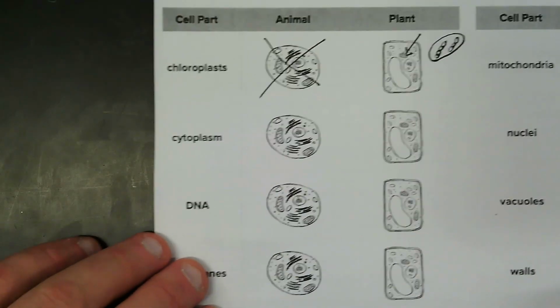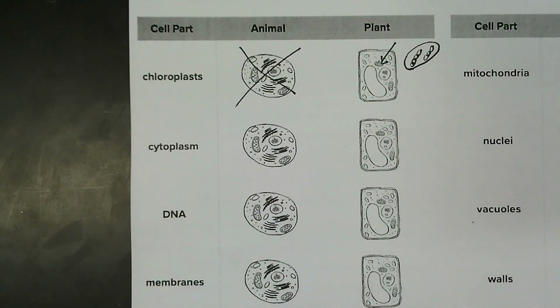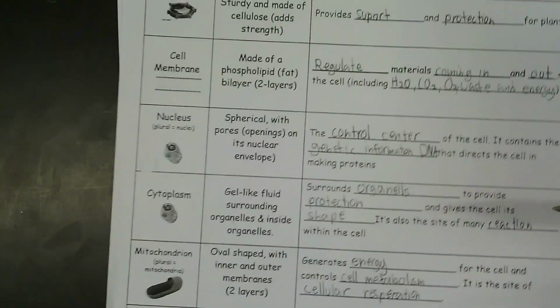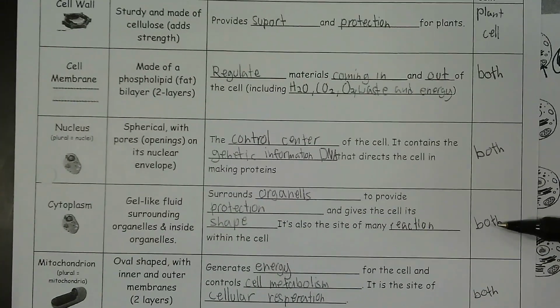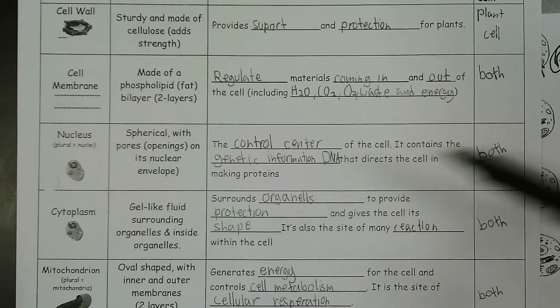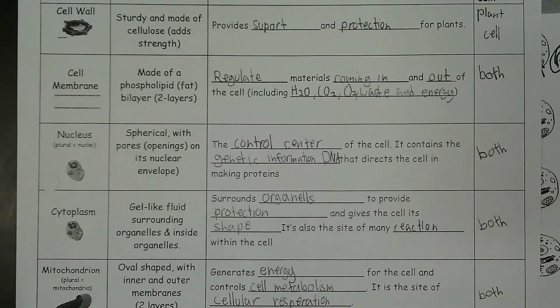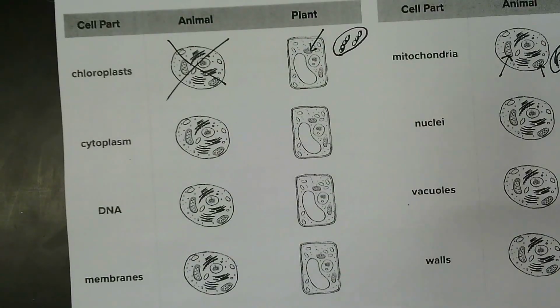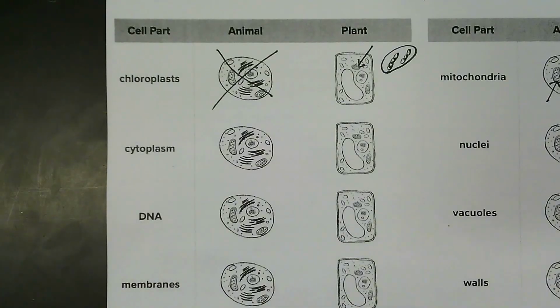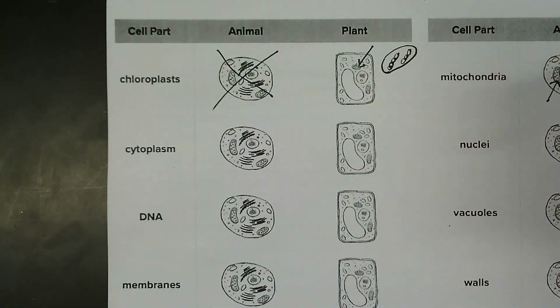Okay, let's look at cytoplasm. What do we know about cytoplasm? Back to our notes. It is in both plants and animals, absolutely. It surrounds the organelles, a gel fluid surrounding the organelles. So where is the cytoplasm? And what we don't want to confuse, the gel that surrounds organelles, we don't want to think for a second that it's this.